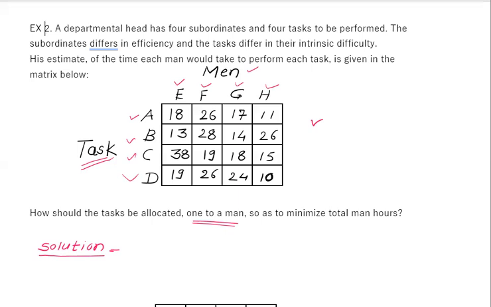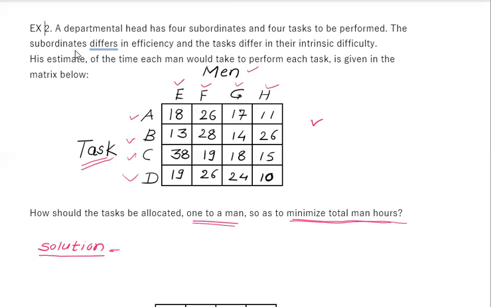So how should we make this assignment to minimize the total man hours? That is, find an assignment which will minimize the time taken by these 4 persons to perform these 4 tasks. So let us solve this assignment problem.